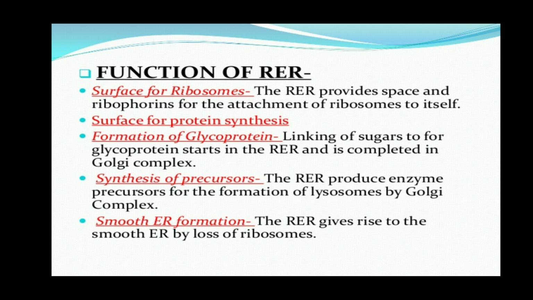Then the next function is the formation of glycoproteins, the linking of sugars to form glycoproteins, which starts in the endoplasmic reticulum and is completed in the Golgi complex. Then the synthesis of precursors: the RER produces the enzyme precursors for the formation of lysosomes by the Golgi complex. Smooth endoplasmic reticulum formation also takes place by the rough endoplasmic reticulum.